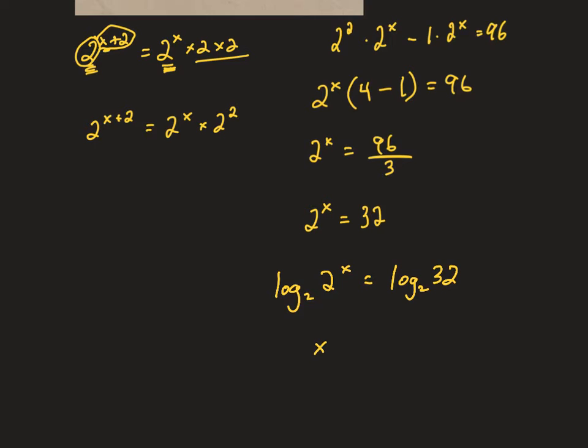And log base 2 and 2 to the something are inverses of each other, so that's just equal to x. x equals log base 2 of 32. Now let's say you have a calculator that doesn't do log base 2, you could just do log base 10 of 32 divided by the log base 10 of 2. And when you do that in your calculator, you will get an answer of 5.